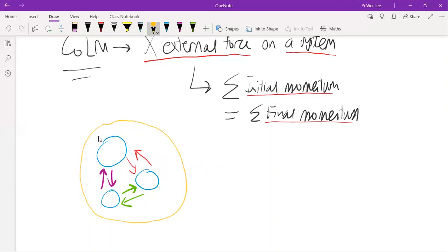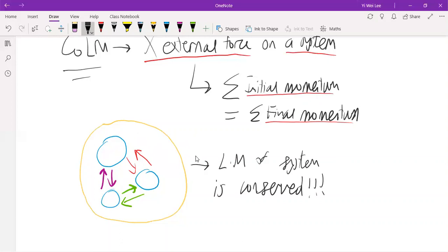Among the external forces, we see that there are actually no forces acting on this boundary. So if I were to draw this system boundary across this whole thing, I could say with utmost assurance that the linear momentum of the system is conserved.